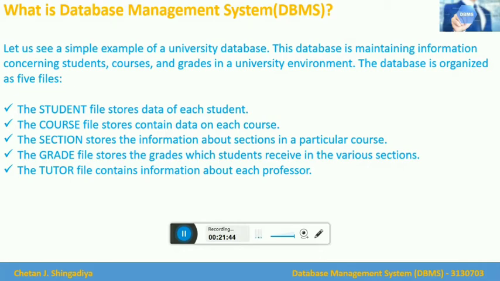The section file stores the information about the sections in a particular course. The grade file stores the grades which students receive in various sections. The tutor file contains the information about each professor. So this is a typical example of a database management system for the university database. We have seen the student file, course file, section file, grade file and tutor file.